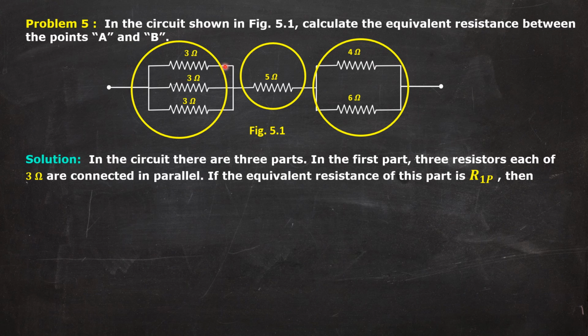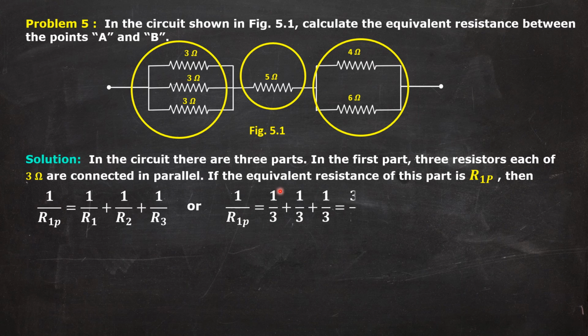If the equivalent resistance of the first part is R1P, so 1 by R1P is equal to 1 by R1 plus 1 by R2 plus 1 by R3. This is equal to 1 by 3 plus 1 by 3 plus 1 by 3. We get 3 by 3, we get 1 ohm. So the equivalent resistance of the first part is 1 ohm.